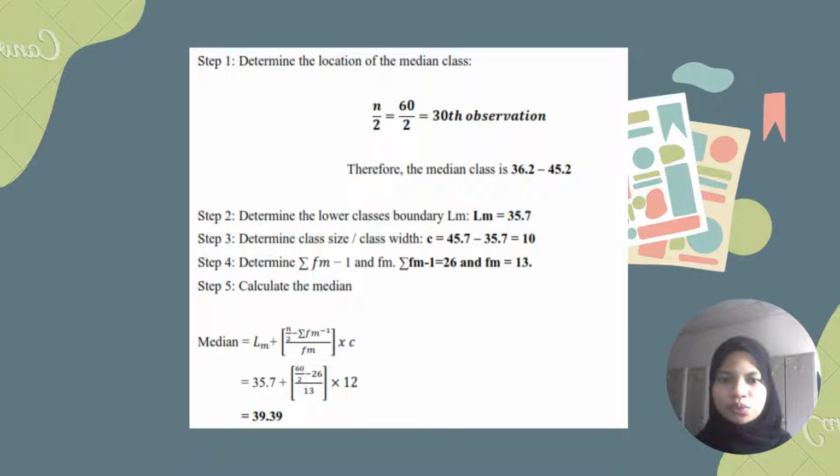Sum of Fm minus 1 equals 26 and Fm equals 13. The formula for the median is Lm plus n divided by 2 minus sum of Fm minus 1, divided by Fm, times the class size, equals 35.7 plus 60 divided by 2 minus 26, divided by 13, times 10, equals 39.39.